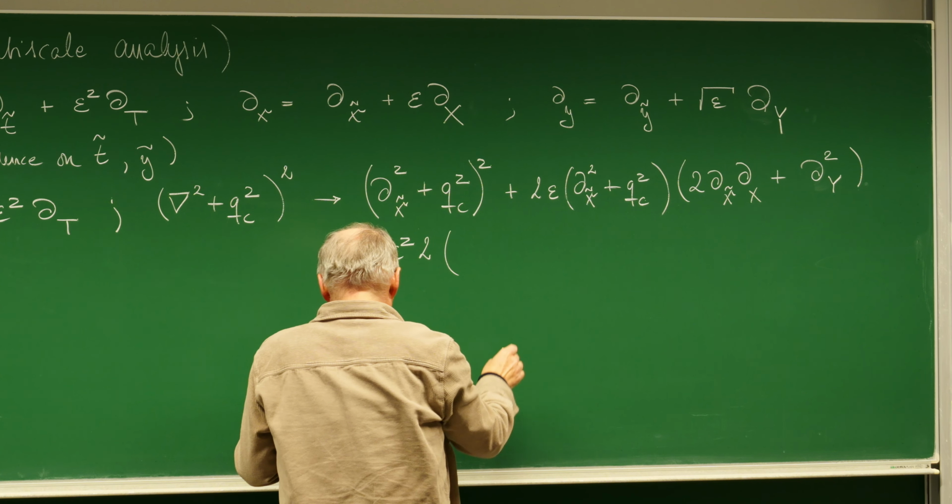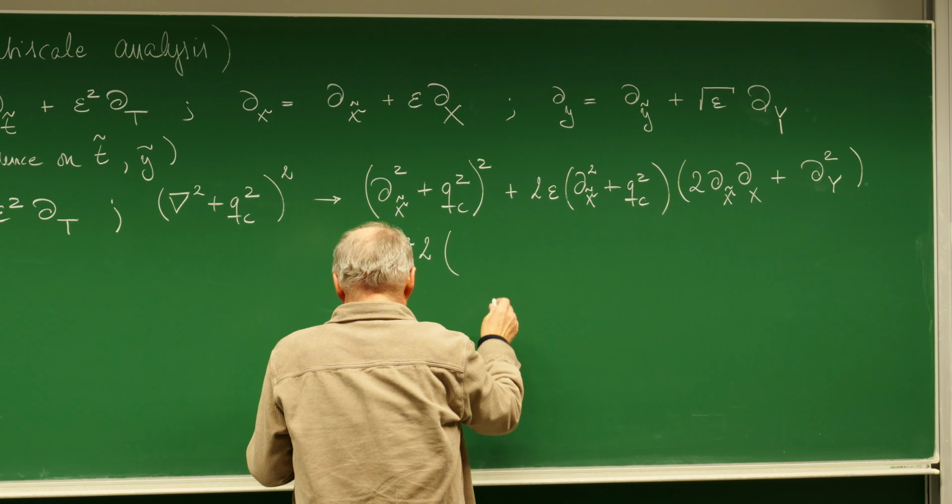There is epsilon squared times 2 times dx tilde squared plus qc squared d capital X squared plus epsilon squared 2 dx tilde dx plus dy squared, squared.